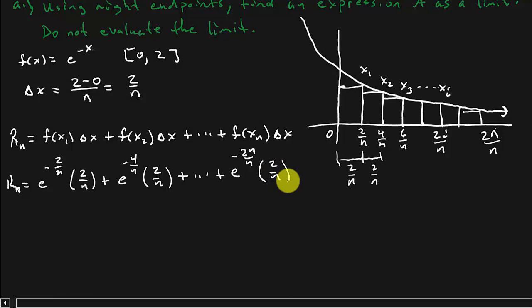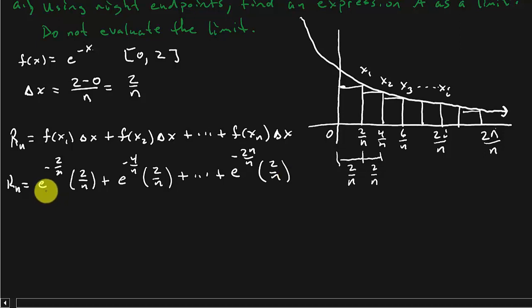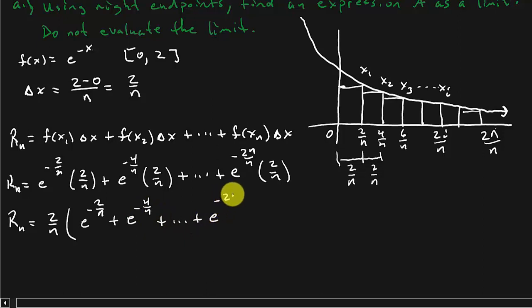So there it is. Now, let's make this a little better, okay? Let's take this 2 over n and factor that out. So I'm going to get Rn is 2 over n times e to the negative 2 over n plus e to the negative 4 over n plus all the way e to the negative 2n over n.